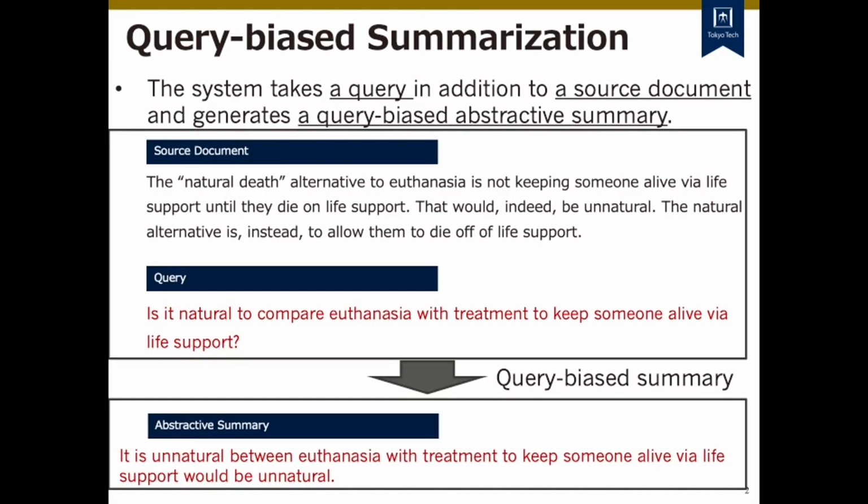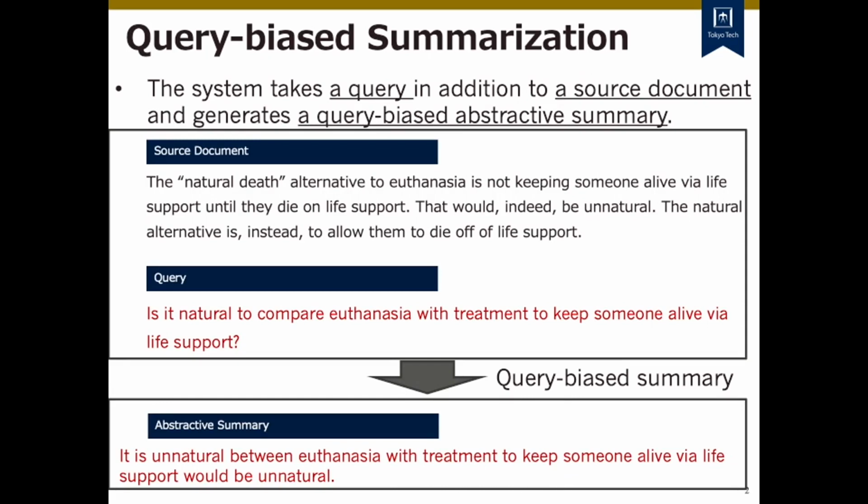In this research, we focus on the task of query-biased summarization, especially with an abstractive setting. In this setting, the system takes a query in addition to a source document, and then generates a query-biased abstractive summary.